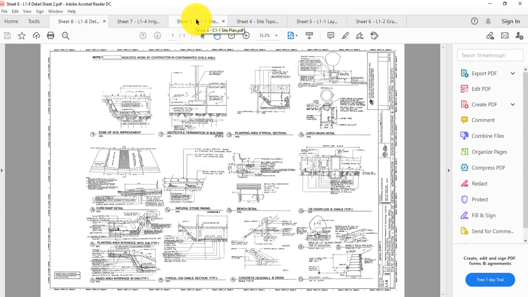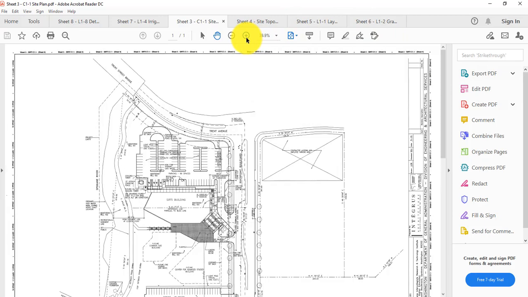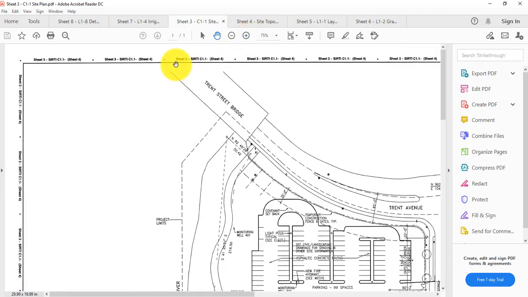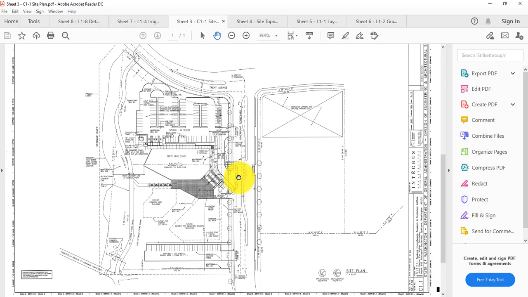These would be sheets 3 through 8. So if you look at your drawings and you open them up, you see sheet 3 on one side, and then sheet 4 is on the other side. And if you look at each one of these sheets, you start to see what they are.